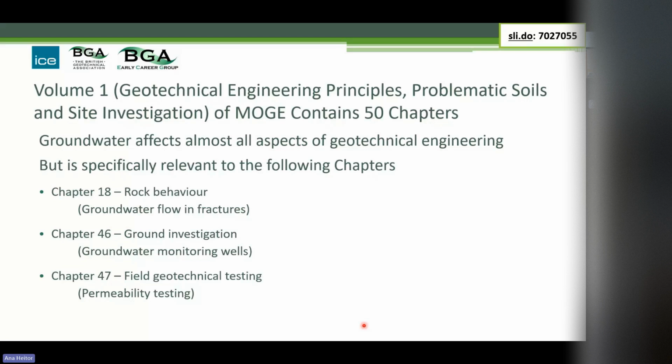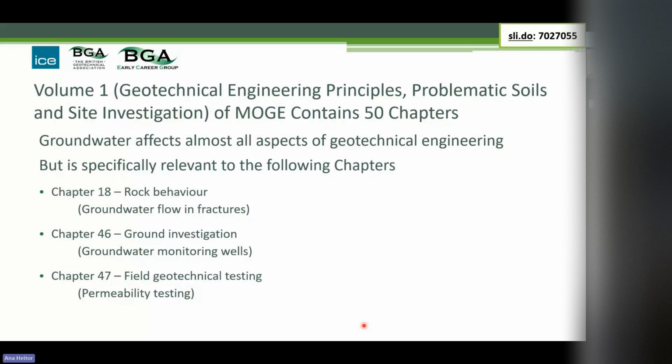And volume 1 is called Geotechnical Engineering Principles, Problematic Soils and Site Investigation. I think within that, it's a cliche, but it's a true cliche, that groundwater is relevant to almost every aspect of geotechnical engineering. But I think particularly within volume 1, chapter 18 on rock behaviour, because in soils, groundwater flow is broadly intergranular, in the pore space between soil grains, whereas in rock, typically the groundwater flow is through fractures and fissures.